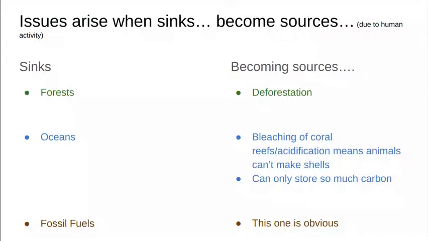They're supposed to be creating their shells out of carbon. So if you put too much carbon in, they're not able to do that and they're not able to take the carbon out of the water. These oceans can only store so much carbon. Eventually, if they end up with more carbon than the atmosphere, they might become sources, putting carbon into the atmosphere from the ocean because they want to stay in equilibrium.